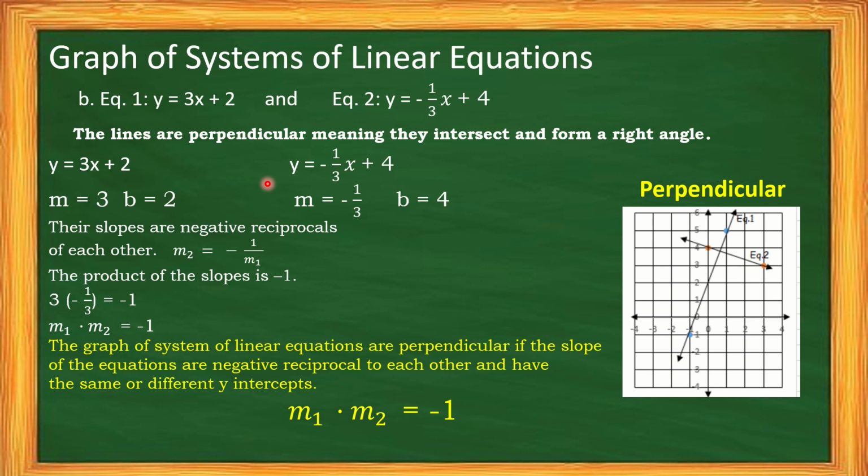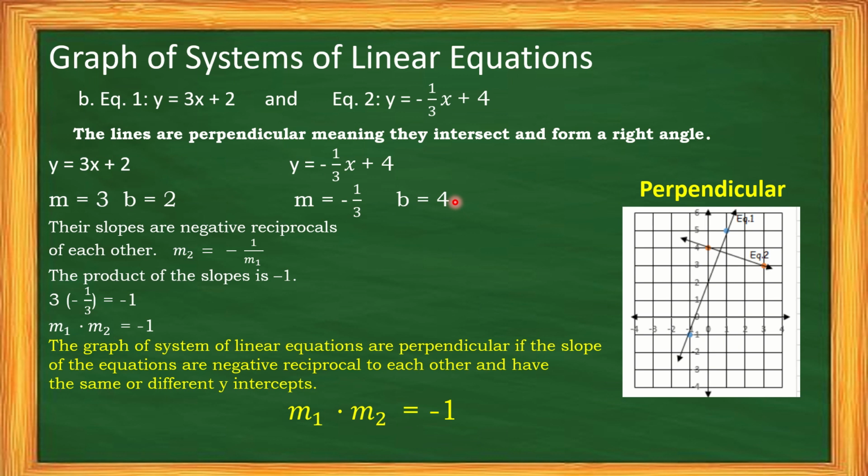In the first equation, we have y equals 3x plus 2. Our slope there is positive 3 and our y-intercept is positive 2. In the second equation, our slope is negative 1/3 and the y-intercept is positive 4.